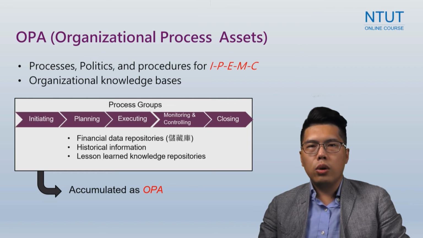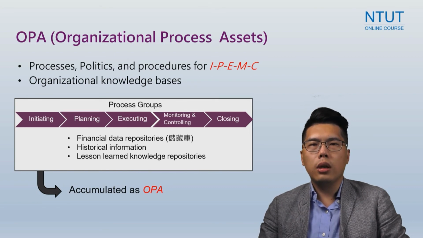Basically it talks about the processes, the policies, and the procedures for the IPEMC. We will talk about the IPEMC later. And basically, the OPA is an organizational knowledge basis. Okay, so what is the OPA? How can it become the assets to the company?